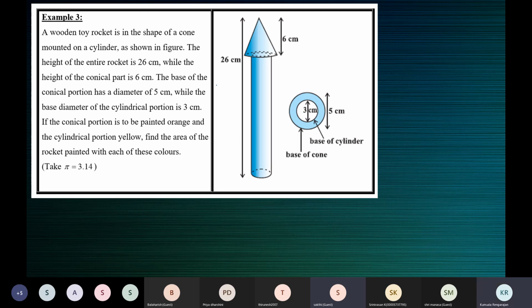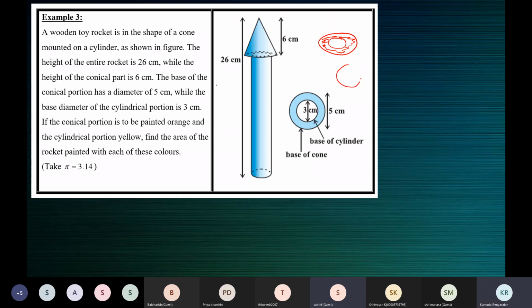So if you look under this, you can see a ring, because you can see two circles, one big circle and one small circle. That circle you cannot see, but there will be a big circle of radius 5, and this is the top of the cylinder, radius 3. You can see that this portion is sticking out.